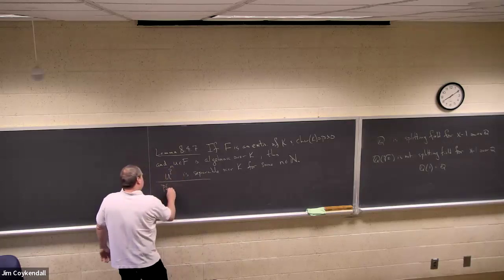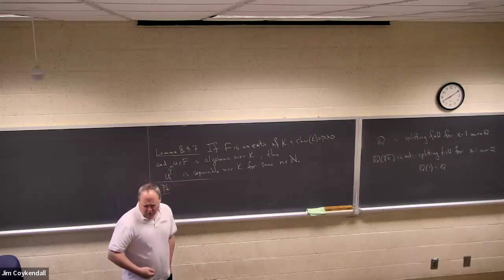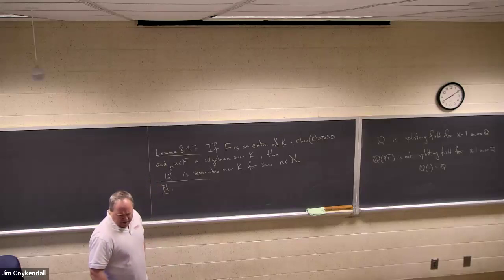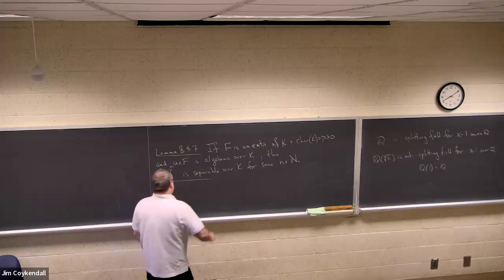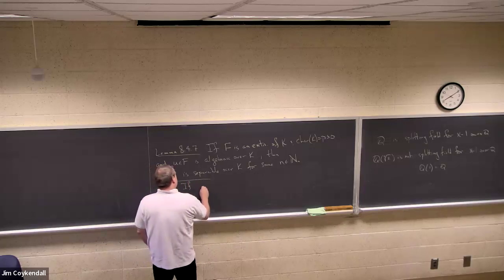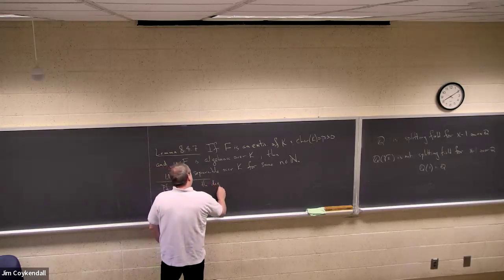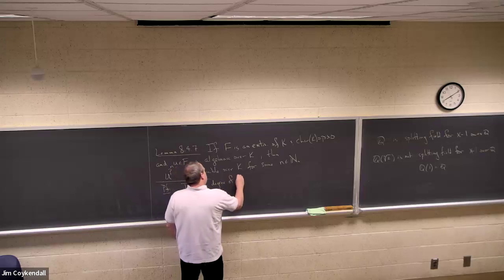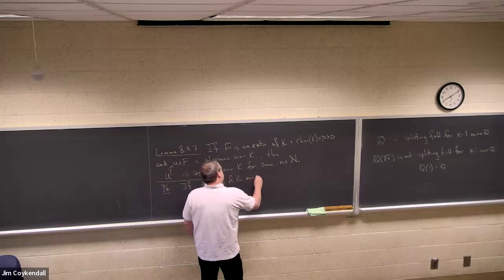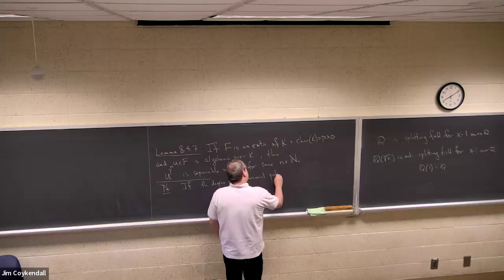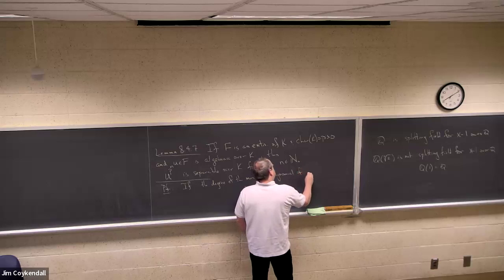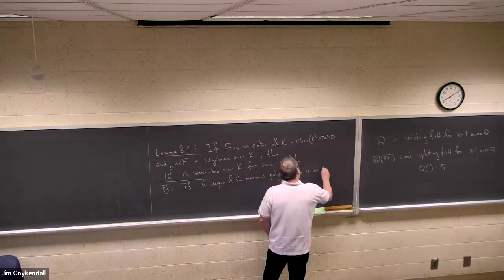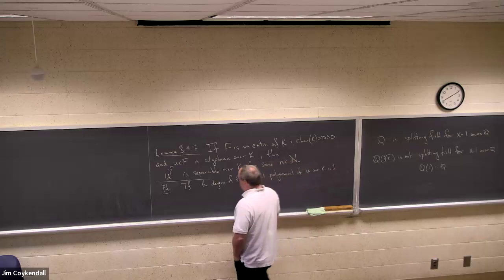So proof. Here we'll go by essentially induction on degree. If the degree of the minimal polynomial of u over K is 1, we're done.